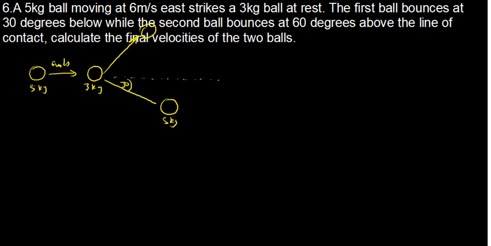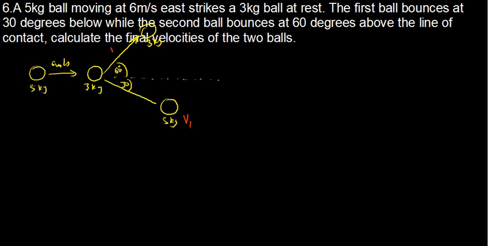That is a 3 kg ball, 60 degrees. Now I want to calculate the velocities of the two balls. What will be the velocity of the first ball and the velocity of the second ball at the end? Let's call these V1 and V2.